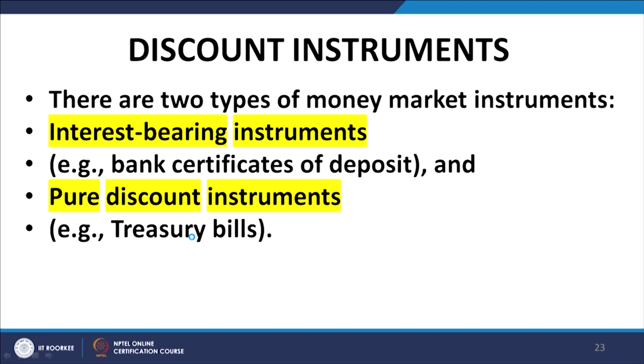So, basically we have two types of instruments: discount instruments, which are issued at a discount and redeemed at face value, or instruments which are issued at face value and are redeemed at a value above face value, that is, the redemption is at face value plus the interest for the holding period. Now, the most common measure of yield in the money market is what we call the banker's discount yield, or the BDY, or simply the discount yield, or we also call it the T-bill yield.